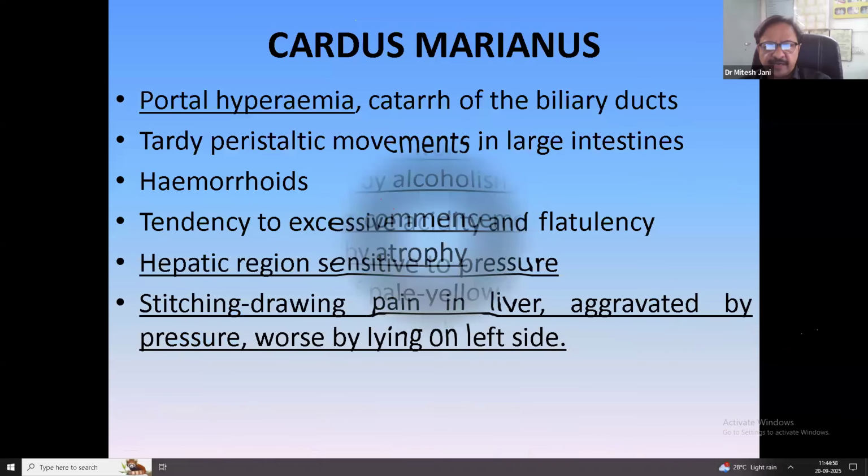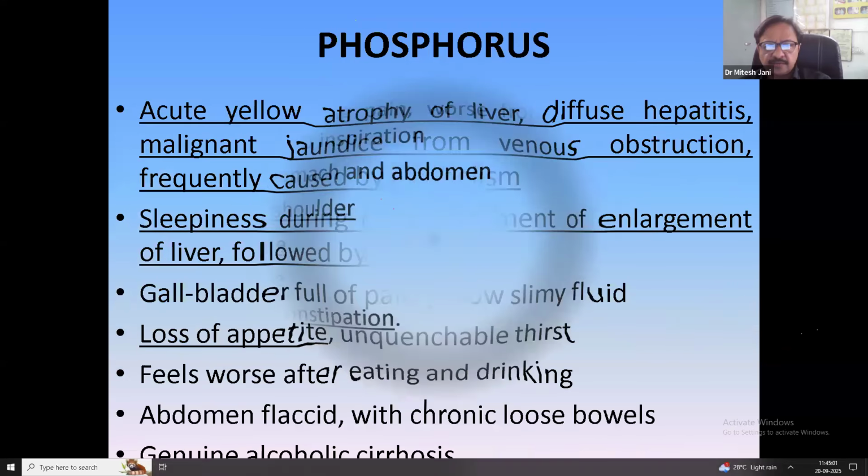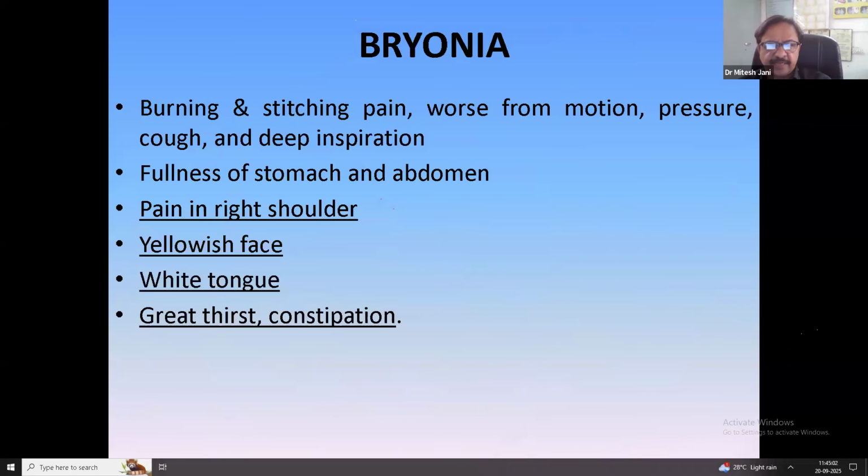Here also in Bryonia the pain is present in the right shoulder, but with yellowish face, white tongue, great thirst, and constipation. These are the typical symptoms of Bryonia. And burning and stitching pain, worse from motion, pressure, cough, and deep inspiration, fullness of the stomach and abdomen.